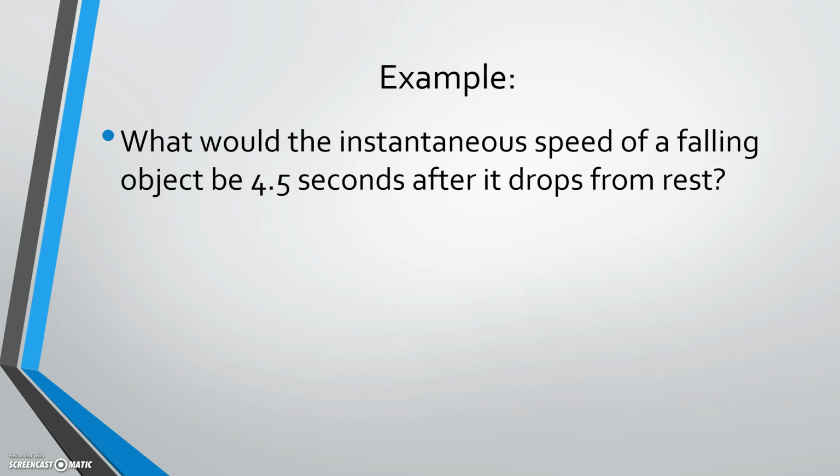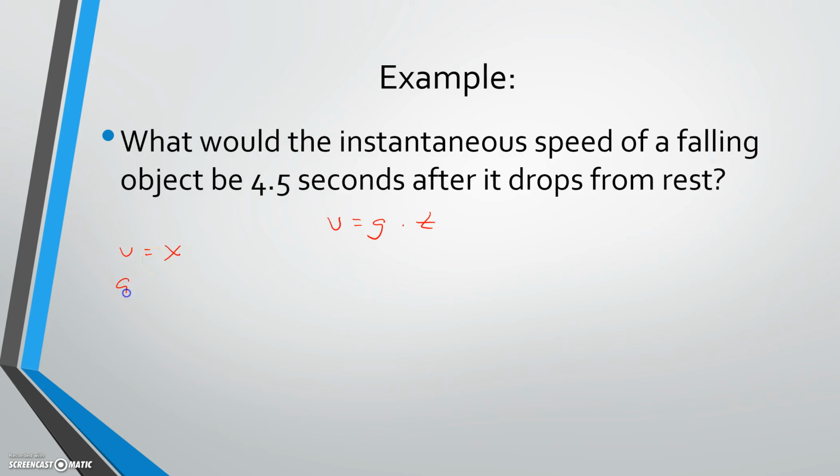So let's look at an example. What would be the instantaneous speed of a falling object 4.5 seconds after it drops from rest? So we'll start by writing down our equation. Since we're trying to find the speed, our equation is going to be v equals g times t. Our v is our instantaneous speed or velocity, and in this case, that value is x.